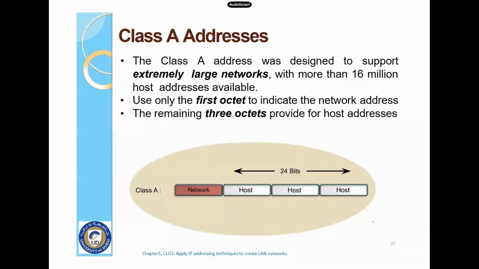So yeah, class A is designed for extremely large networks, because you have more than 16 million host addresses available. It uses only the first octet to indicate the network part, and the last 3 octets are for the host part.